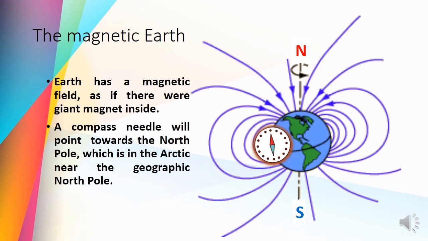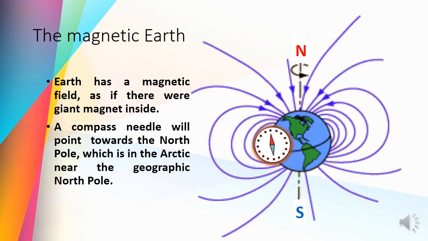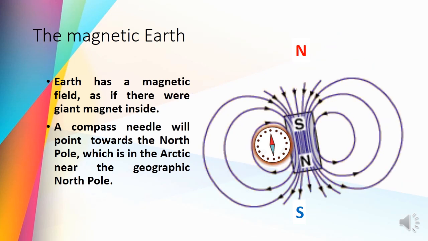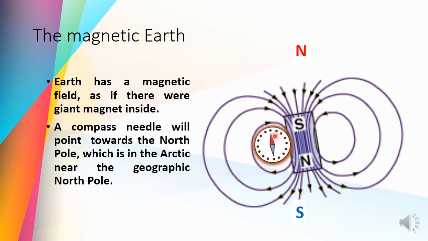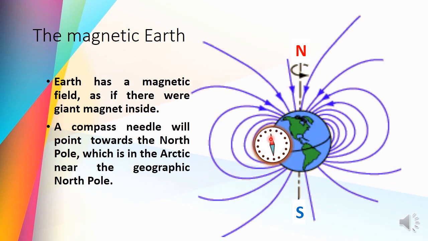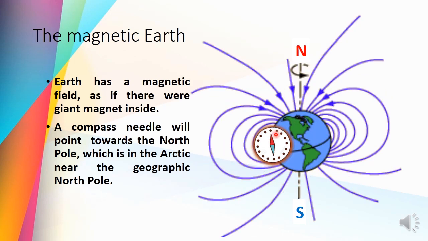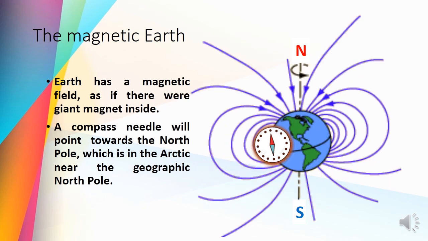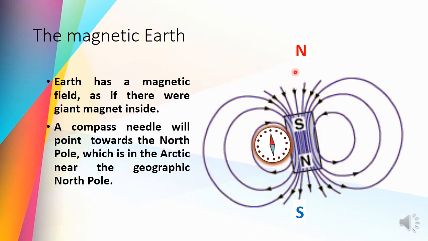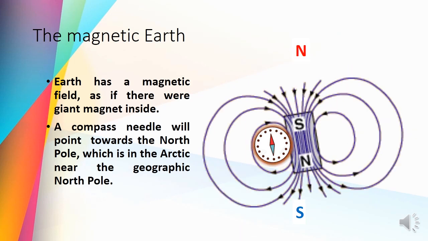So the north and south geographic poles are totally opposite to the magnetic poles of Earth. And we said the reason is that the north pole of the compass should attract to the opposite, so it should attract to the south magnetic pole, which is close to the north geographic pole. Let's see next.